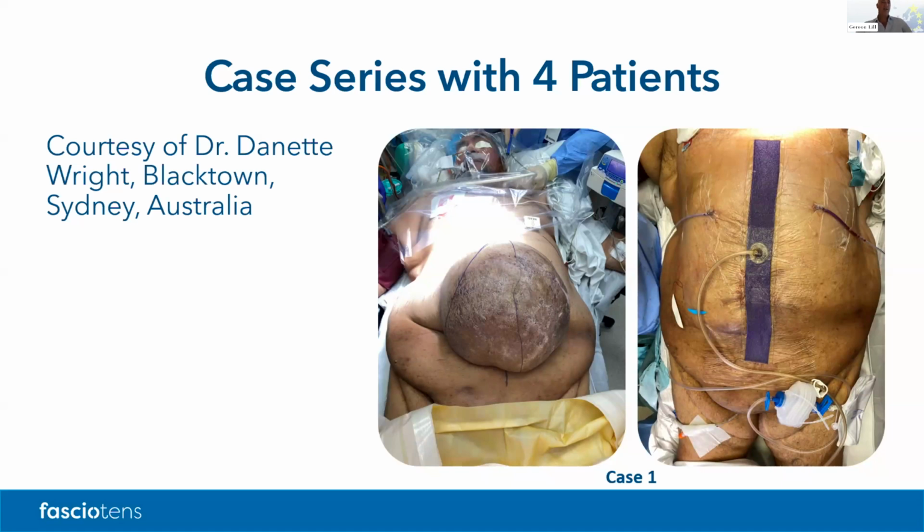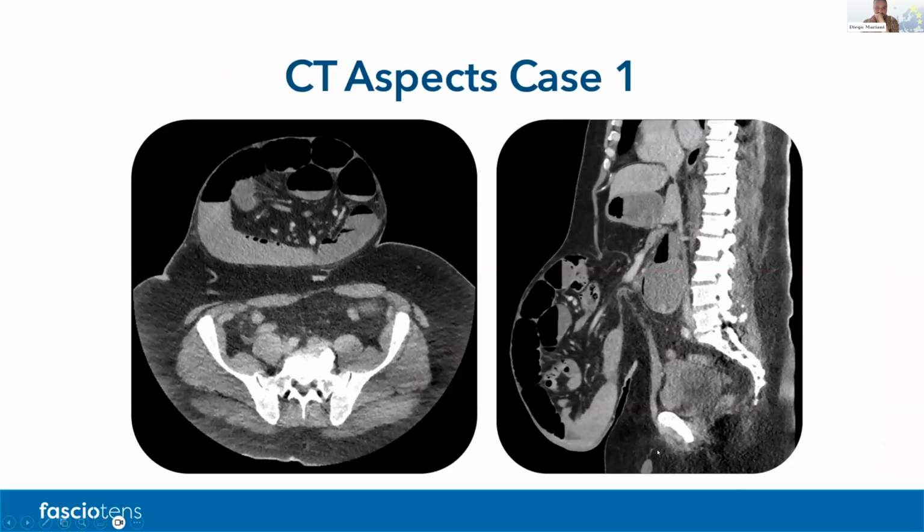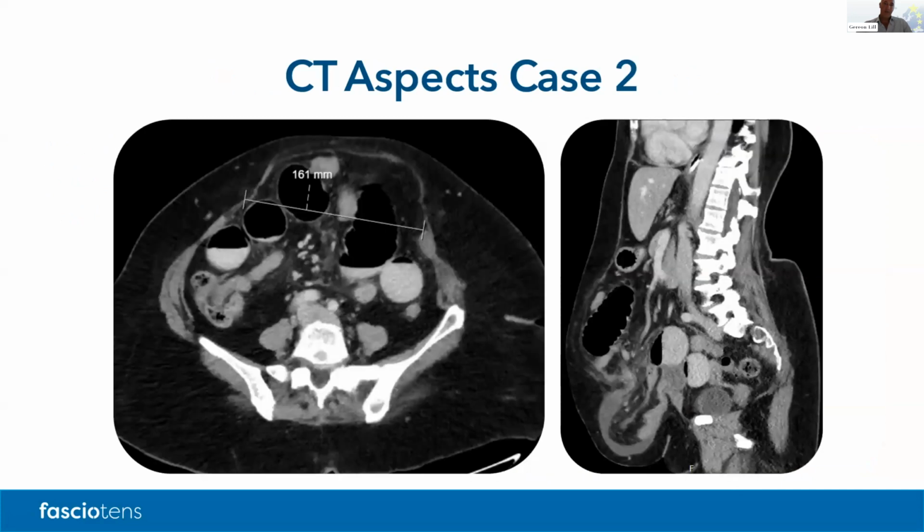And I asked Annette Wright if she could share some of the pictures, because she did all of those 4 cases. You can see it's quite big defects, and you can see the obstruction. And here you can see as well a 16 centimeter hernia with a lot of loss of domain.